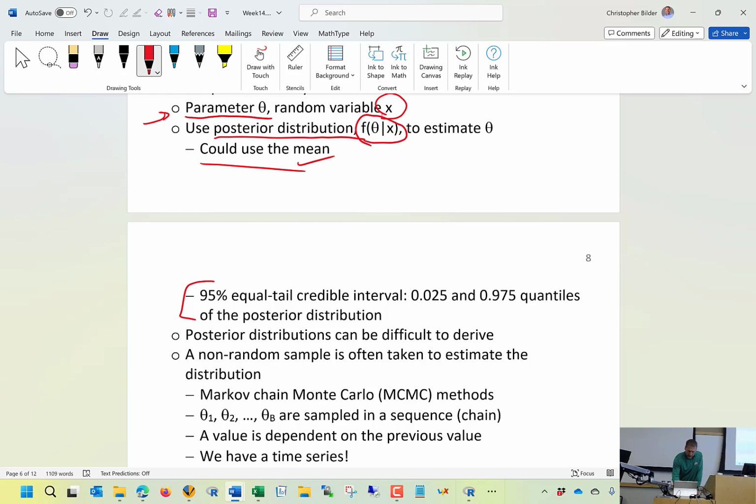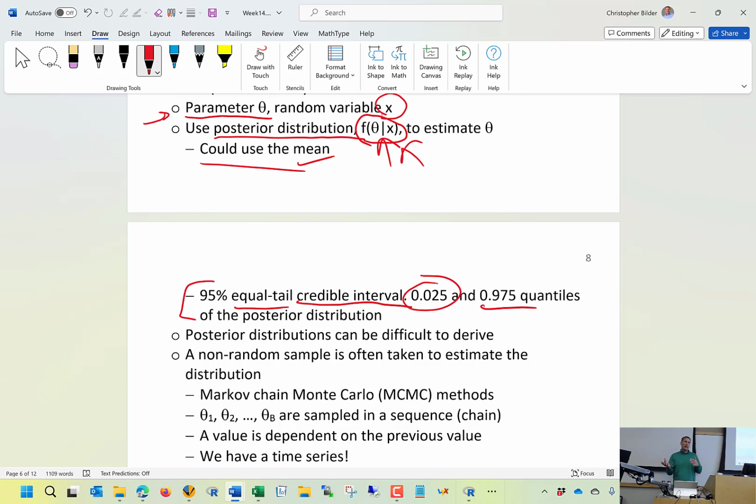There are different ways to do these intervals; they're all called credible intervals. One way is what's called an equal tail interval, meaning you get the 0.025 quantile from the distribution, get the 0.975 quantile, and voila, you have a credible interval.